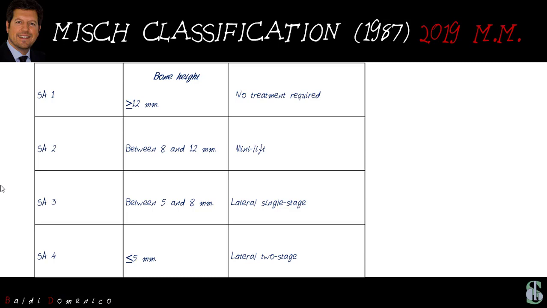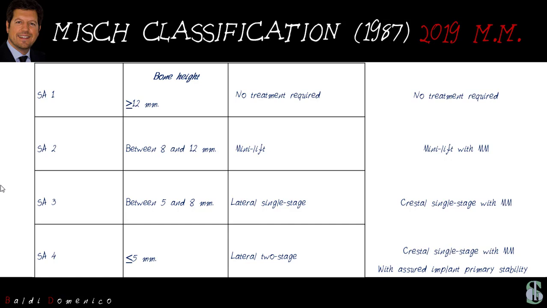But using the magnetic mallet, we can change this approach. In fact, when we have a bone height of 12 millimeters, we can avoid the treatment of the bone.